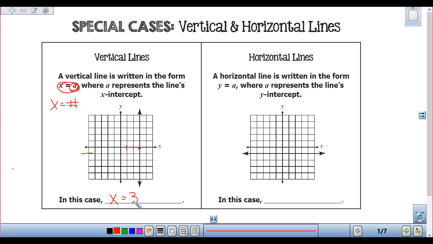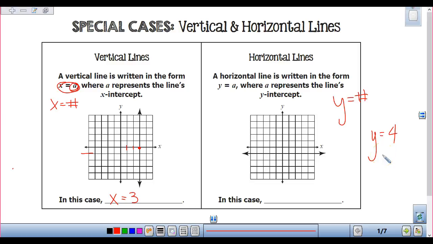Over here, when y equals a number, I also like to think about it this way. The last couple of days, we've been learning that if I have, let's say, y equals 4, what happened to my x? I don't have an x in here. And what's my slope? My slope of this would be 0.